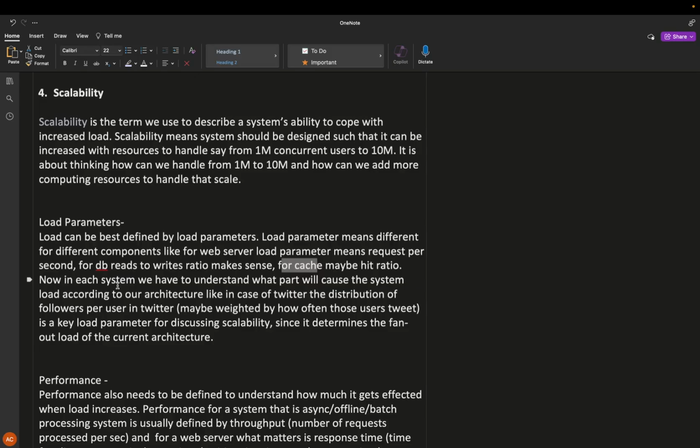It will be very different systems if we design for 1000 followers per user, versus 10,000 or 1 lakh. It will be very, very different systems, right? So you have to think about what in your system is the blockage for scalability, what causes more load, and that you need to define as the load parameter.